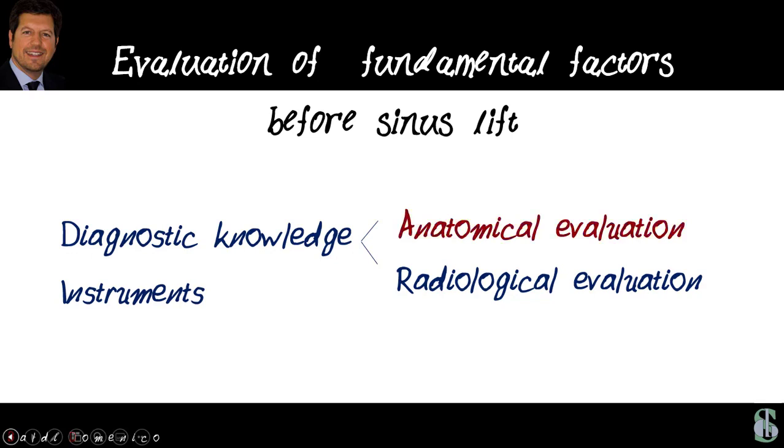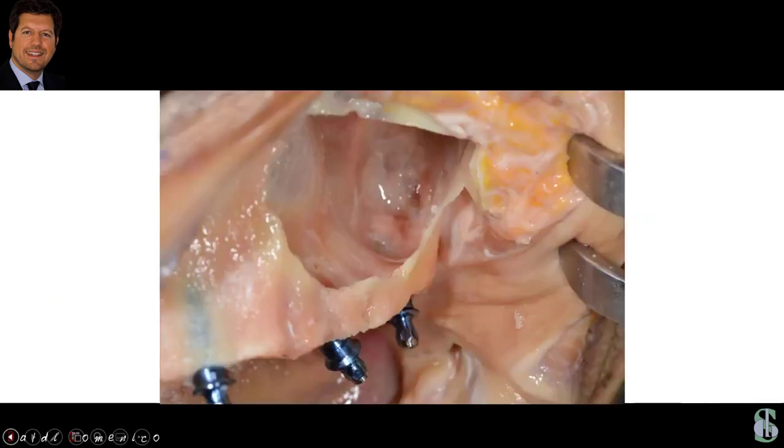When we speak about anatomical evaluation, it means that we have to know where we are going to work, and in this case, we have to know the sinus. In fact, the sinus is in the body of the maxilla and has three recesses: an alveolar recess pointed inferiorly, bounded by the alveolar process of the maxilla, a zygomatic recess pointed laterally, bounded by the zygomatic bone, and an infraorbital recess pointed superiorly, bounded by the inferior orbital surface of the maxilla.